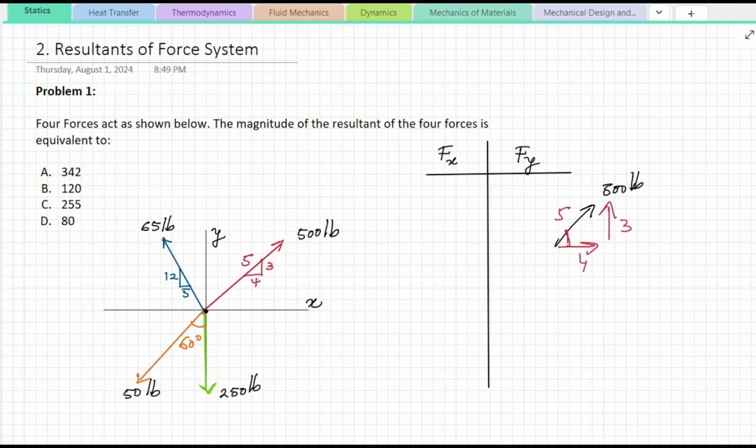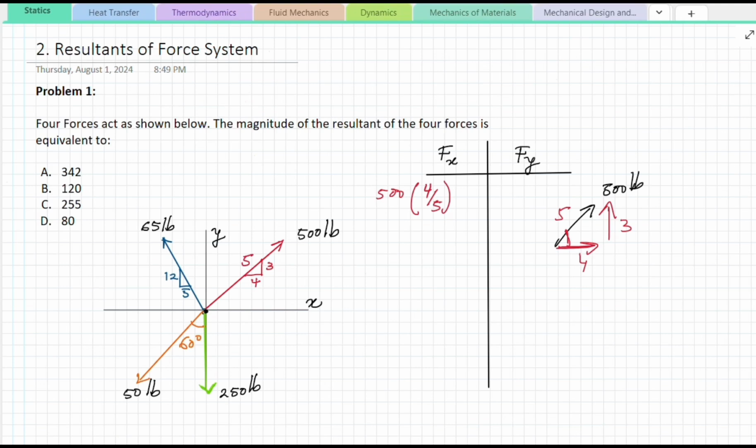The X component will be equal to the magnitude of the force, 500 pounds, times the value that is parallel to the x-axis, which is 4, over the hypotenuse, which is 5. One of the things we have to keep in mind is the sign. For this specific force, all the arrows are pointing toward the positive side.